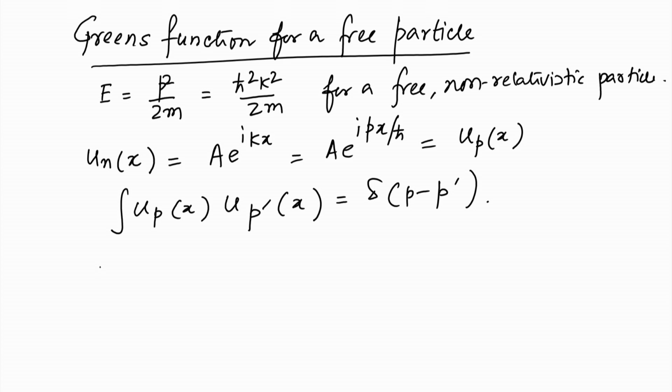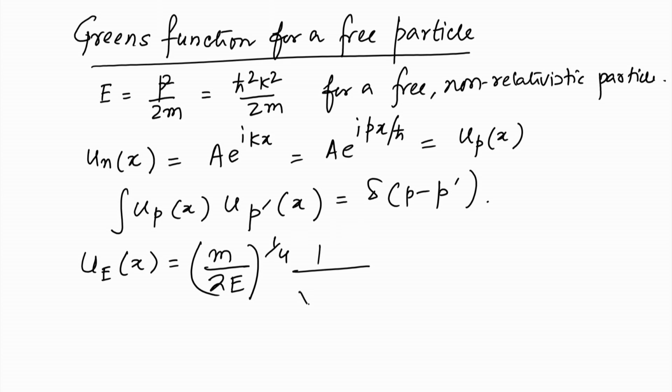If I write this in terms of the energy eigenstates, then u e of x is equal to m over 2 e whole to the power 1/4, times 1 divided by 2 pi h cross, times exponential plus minus i root over 2 m e times x divided by h cross.